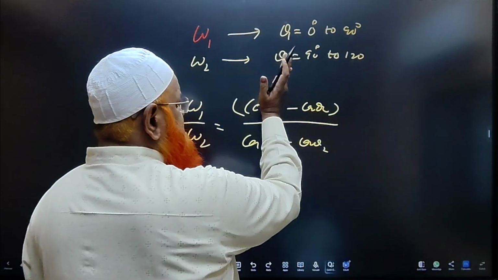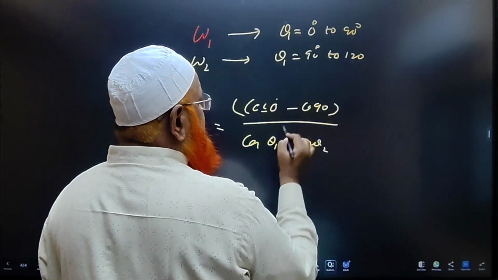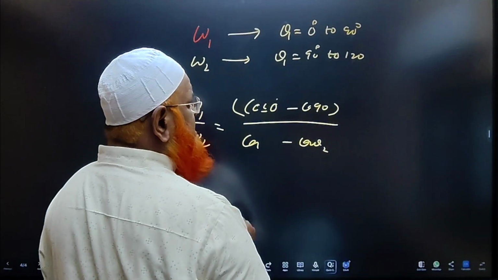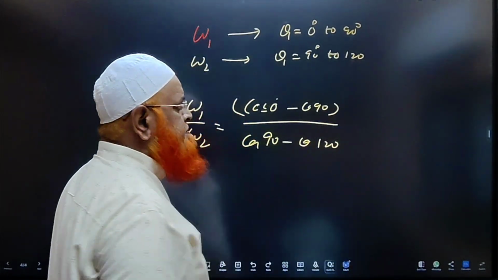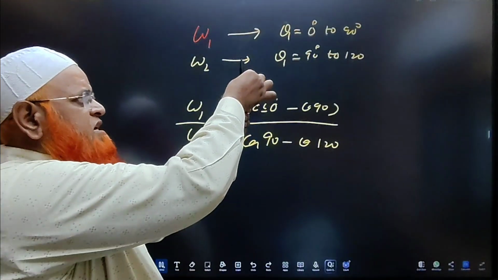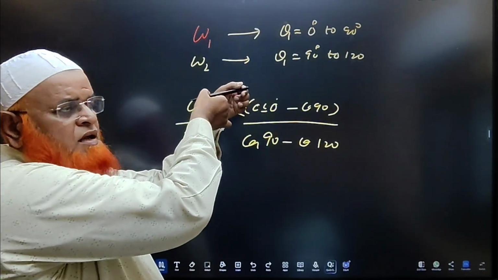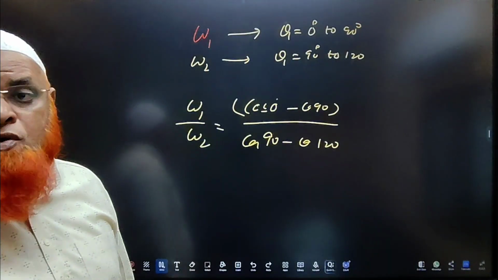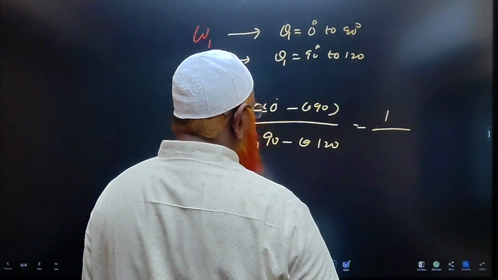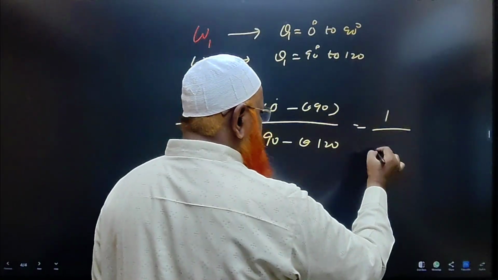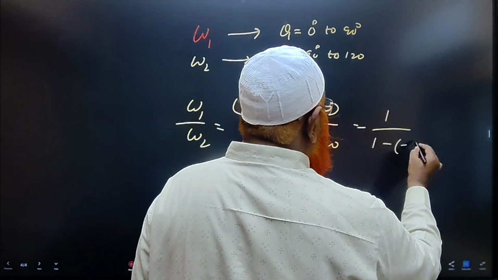So in the first case, instead of theta 1 and theta 2 we write cos 0 and cos 90, and in the second case instead of theta 1 you write cos 90, and theta 2 is 120. So first you have rotated from 0 to 90, then from 90 to 120. What is the ratio of the work done by you? That's it. Cos 0 is 1, cos 90 is 0, so the numerator is 1. In the second case, cos 90 is 0, minus cos 120, which is minus minus 1 by 2.